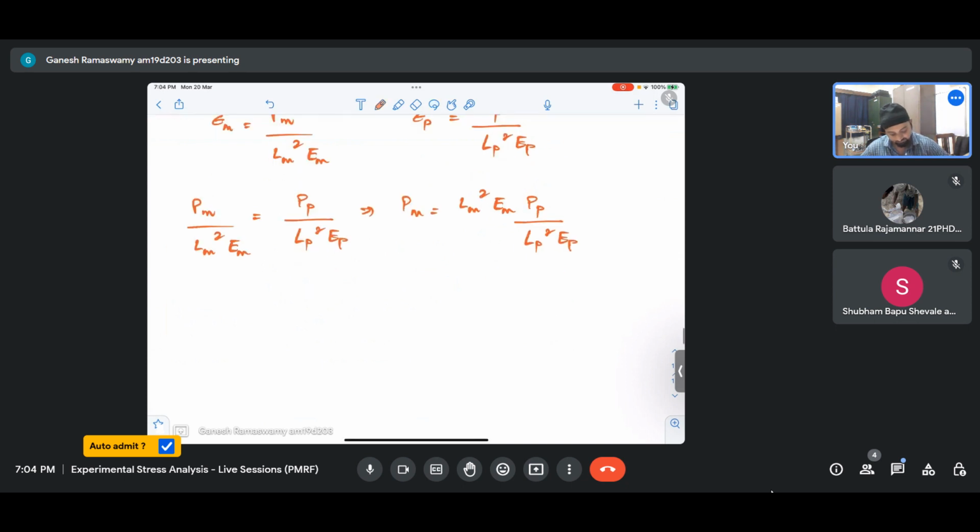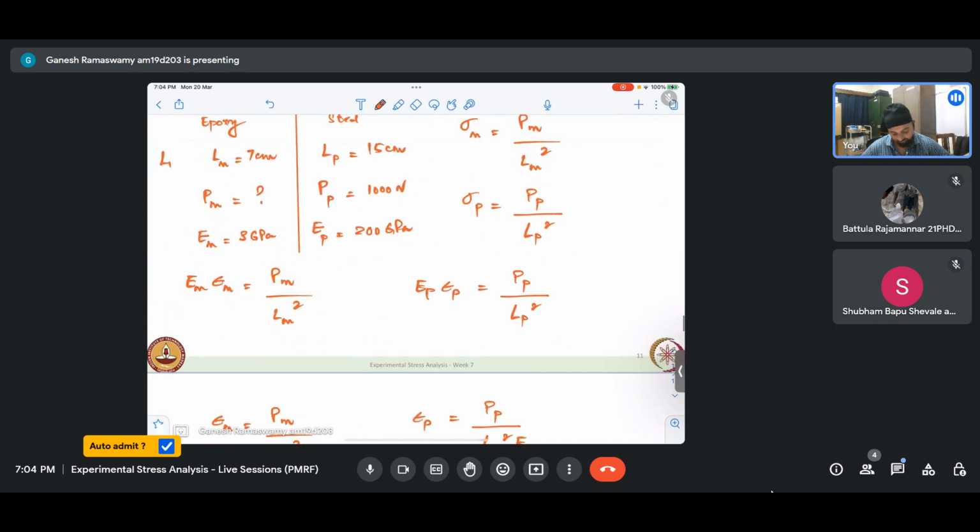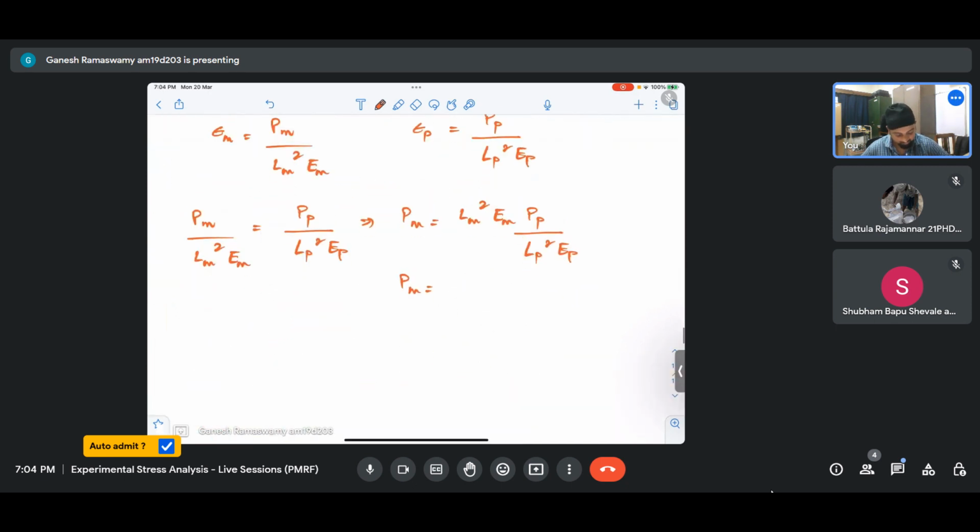What is my Lm? It is 7. So 7 squared into Em, which was 3 GPa. GPa's would get cancelled, so that's fine. I'll just keep it as 3, by Lp is 15 squared, and this is 200 GPa, and my load that was applied to my prototype was 1000.